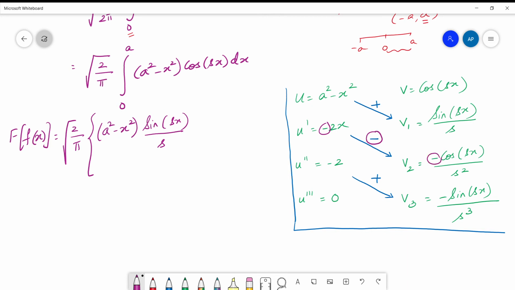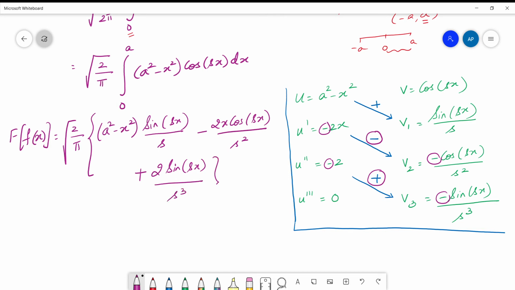Here is a minus sign. Three minus signs give you minus 2x into cos of sx divided by s square. Look at the third term. You have a minus, you have a plus, you have a minus. So therefore it is again a plus 2 sine of sx divided by s cube, and the limits now vary from 0 to a.